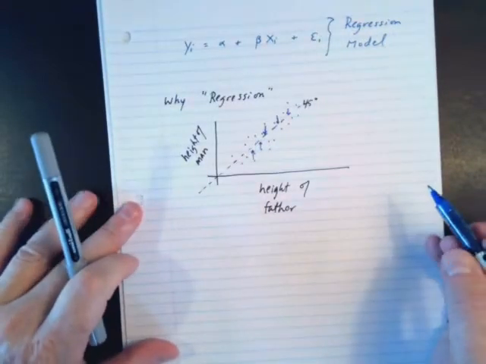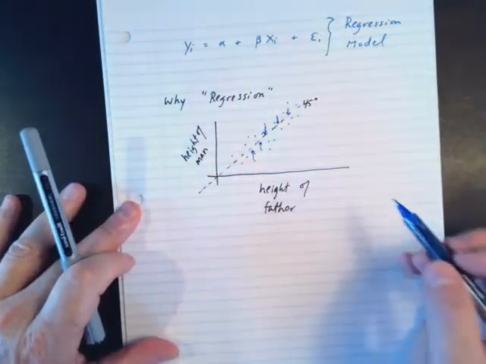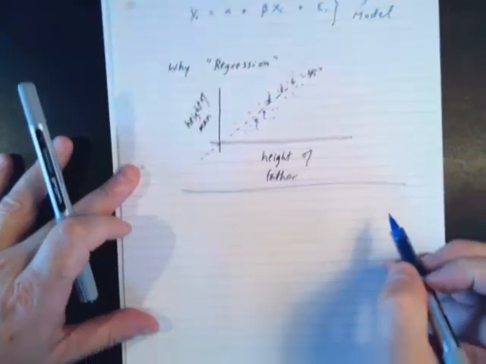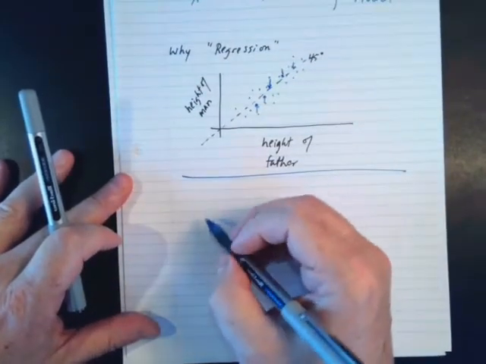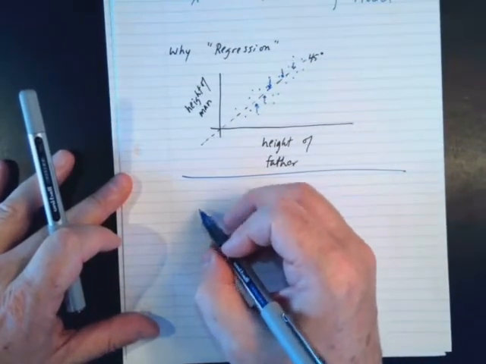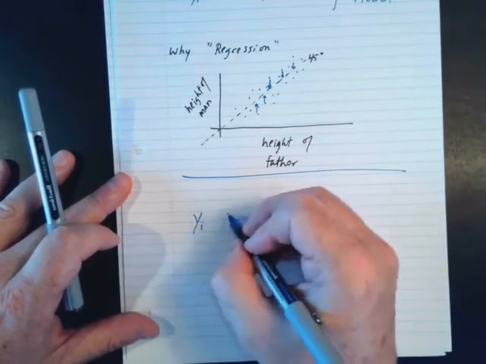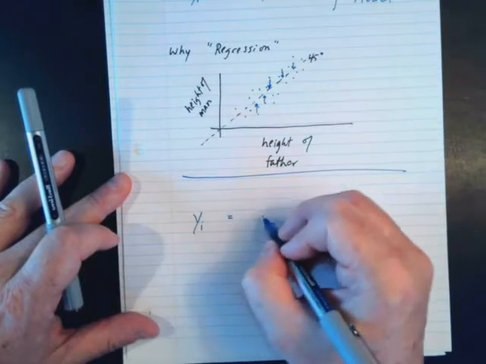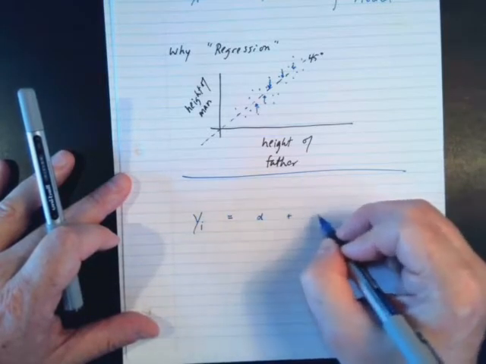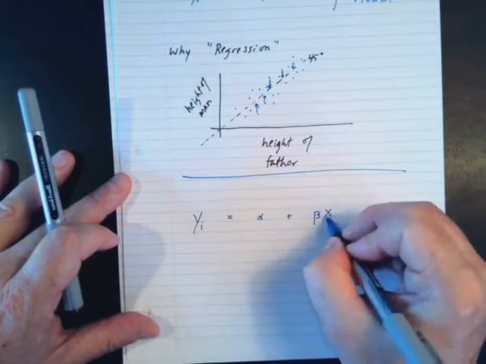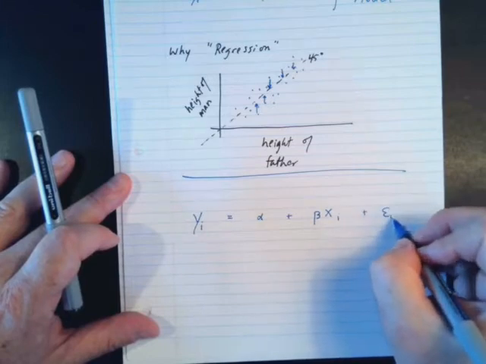So let's fill out the terminology a little bit for our model here. Let me just rewrite it so I have a bit more room. In our terminology, we have alpha plus beta x plus epsilon.